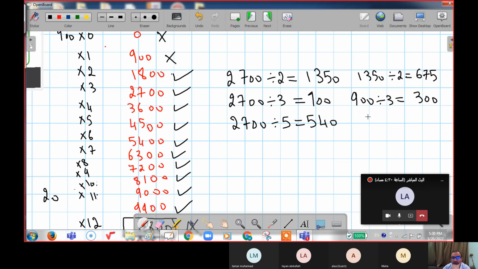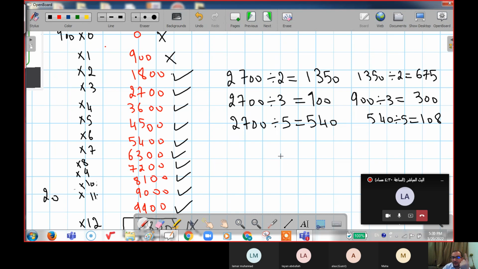Then 540 divided by 5 is 108. Here I only verify the number that I have.